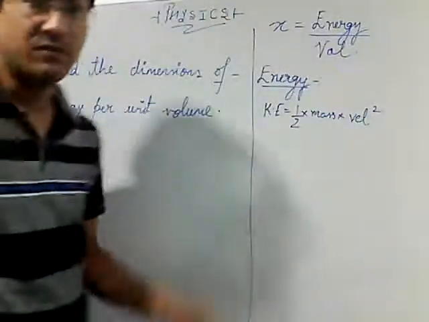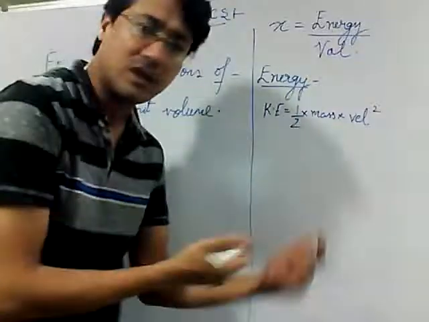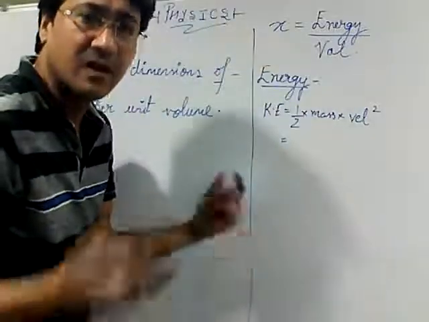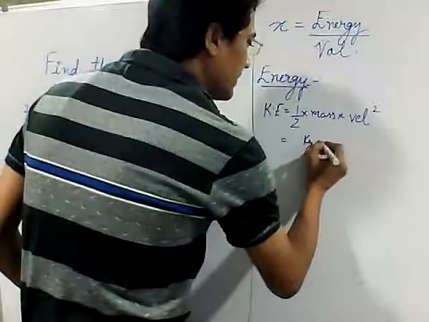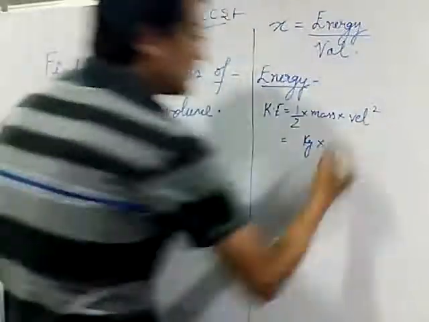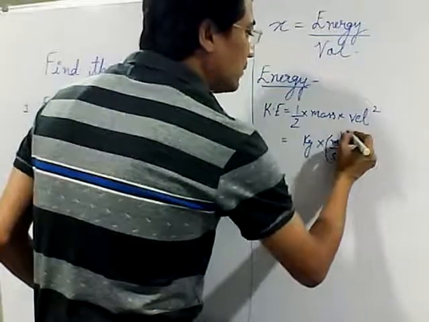Perfect. So let's first of all find the dimensions of kinetic energy, which would be the same for energy. So this half is a constant, it won't have any particular dimension. Mass is kg into velocity square, that is meters per second whole square.